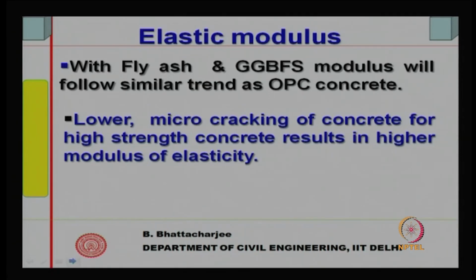But when you have high strength concrete, what you are essentially doing is reducing the pores in the system. We shall see that when we discuss high strength concrete systems. You are reducing the pores in the system.